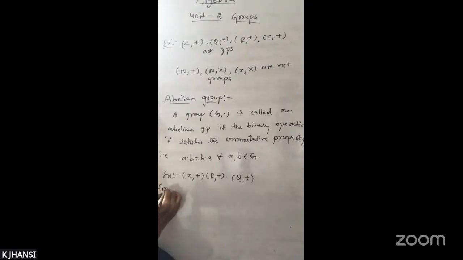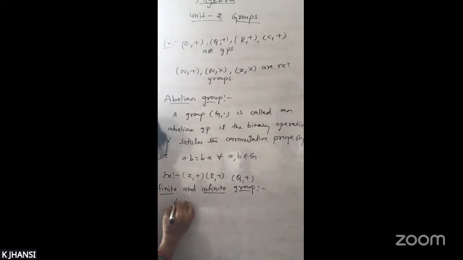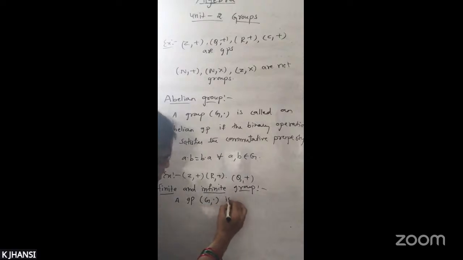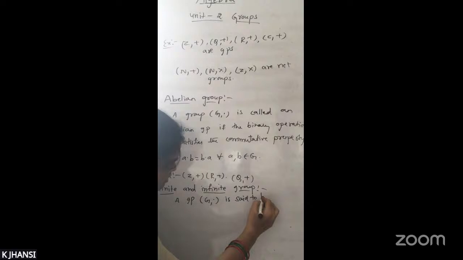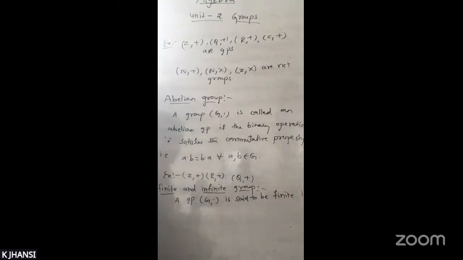Finite and infinite group. A group (G, ·) is said to be finite if its underlying set G is a finite set.